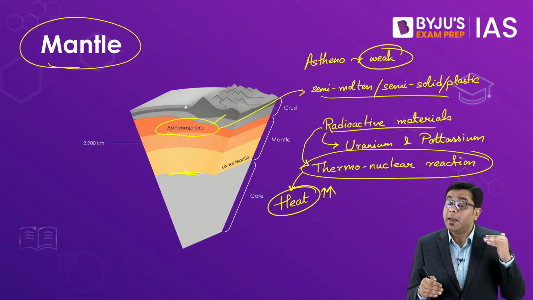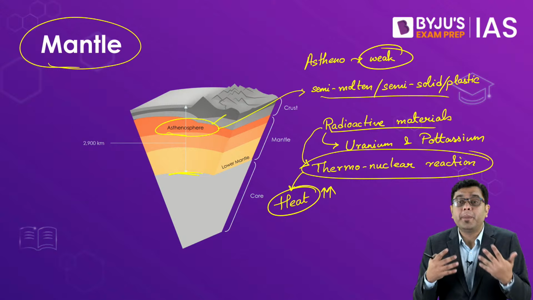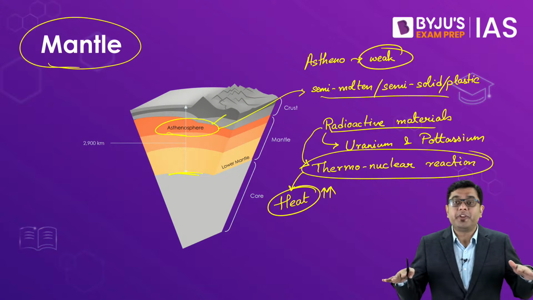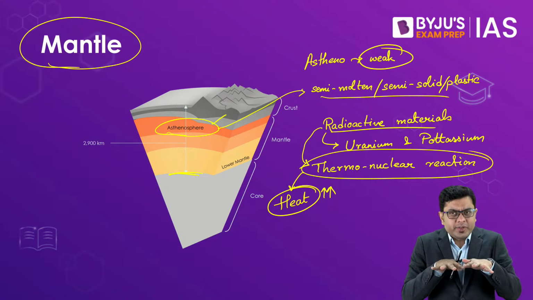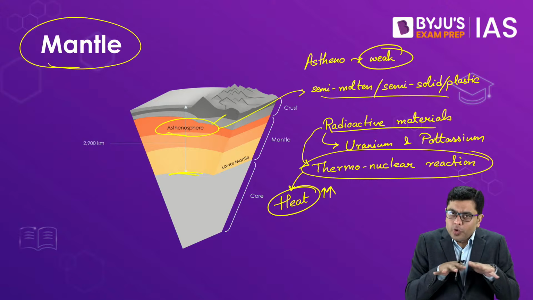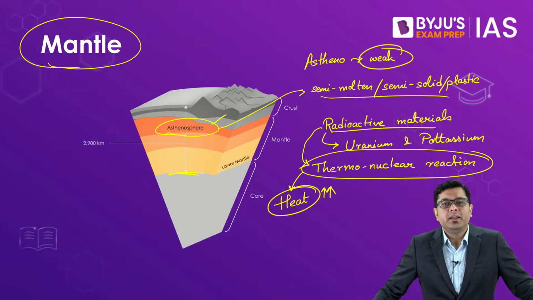So that is the region present in the upper portion of the mantle. And this allows the various crustal formations to slightly move with respect to each other over this semi-molten layer that we refer to as the asthenosphere.